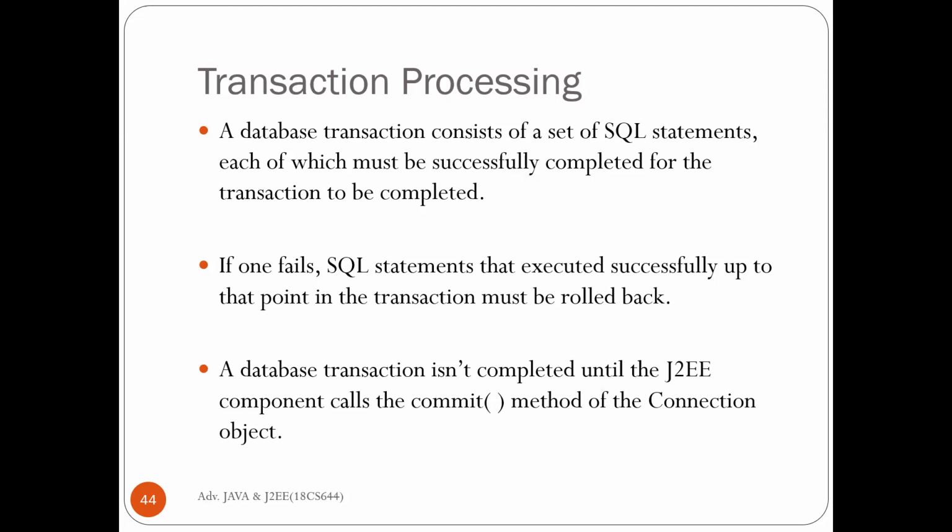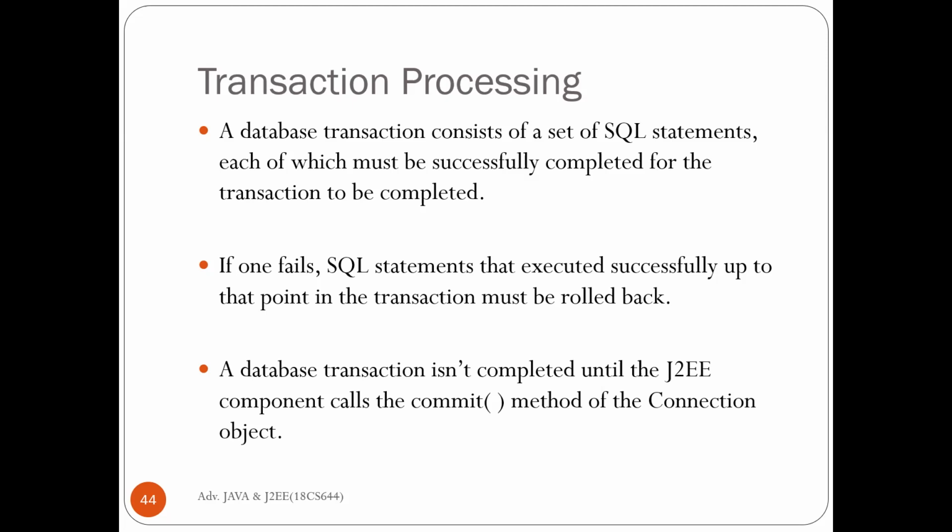A database transaction will contain a set of SQL statements. A database transaction isn't completed until the J2EE component calls the commit method. In order to support transaction processing, we have certain methods, and one such method is commit. You have already heard this word in databases. When we put the commit command in the database, it means that all the changes to the database will be saved, which means it becomes persistent.